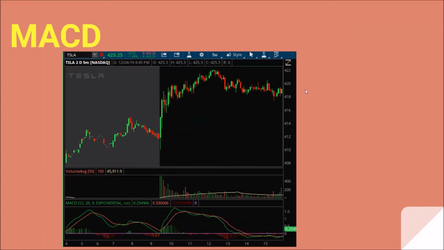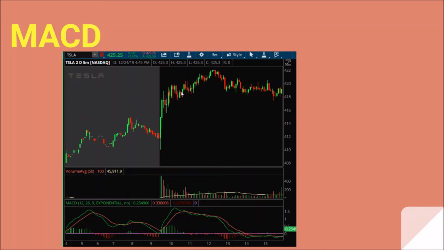So the next one is MACD. In MACD, when the green line closes above the red line, that means the price has momentum towards the upside. So we can take the long trade and we can exit when the MACD green line closes below the red line.